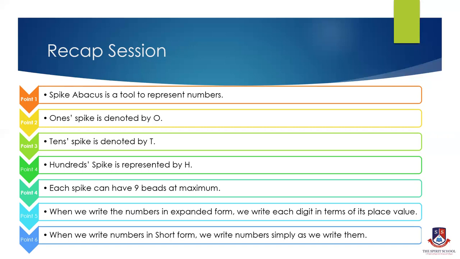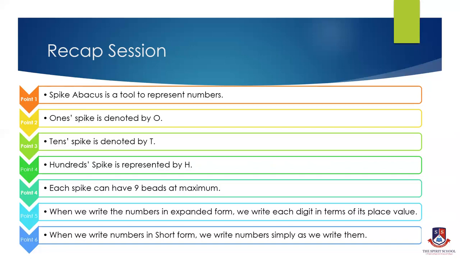So here we have discussed three-digit numbers, and we have denoted that three-digit number using a three spike abacus. Here we were having three spikes. The first spike from the right was represented by O. The second spike from the right was represented by T, and it was showing the place value of tens. And the third spike from the right was represented by H, and it was showing the place value of hundreds.